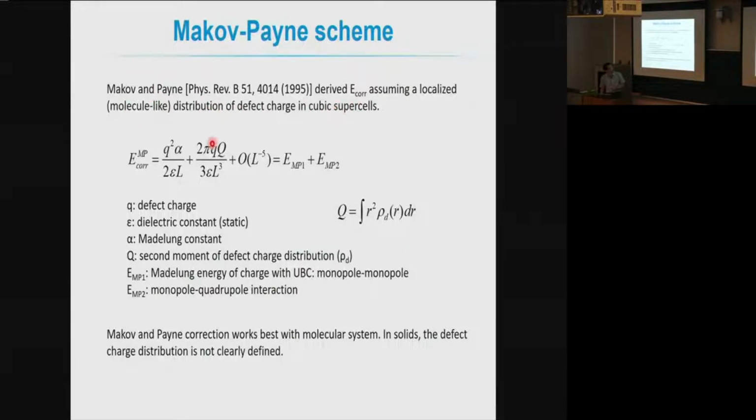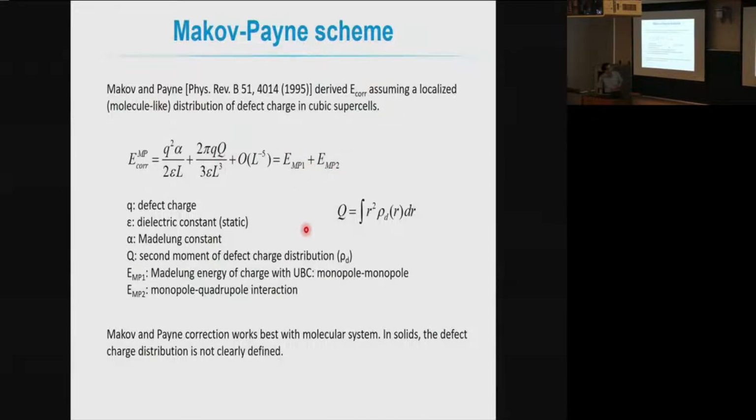They expanded this correction energy with respect to 1 over L, and found that the leading term is the monopole interaction, and the second leading term is the monopole and quadrupole interaction term. Okay, so Q squared and Q times Q, where Q is the quadrupole, the second moment of the defect charge distribution. These two terms are called MP1 and MP2.